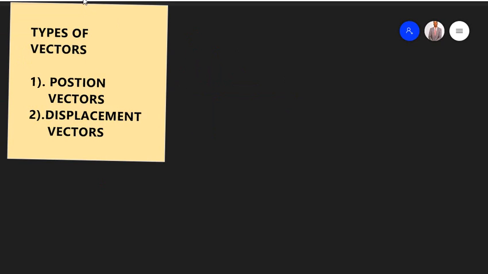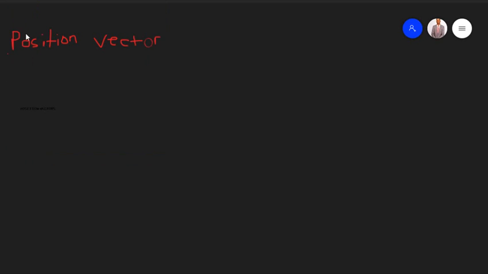Now let's distinguish between types of vectors. There is the position vector and the displacement vector. Looking at position vectors, they start from the origin going somewhere. They always start from the origin.